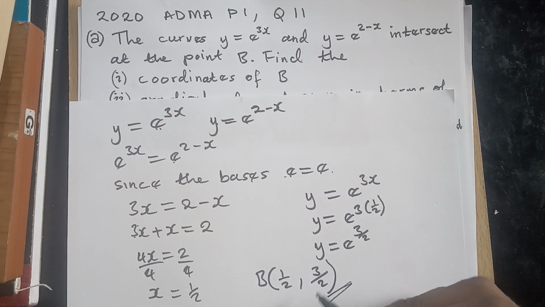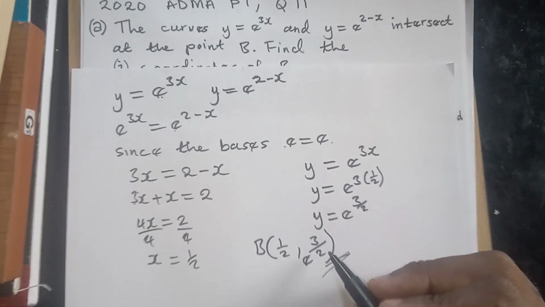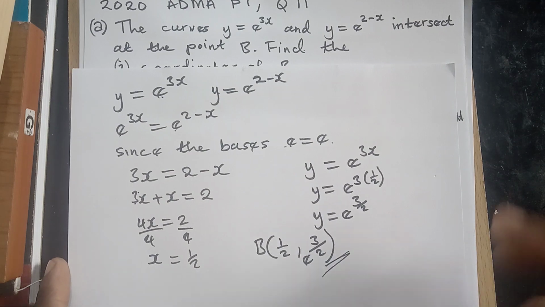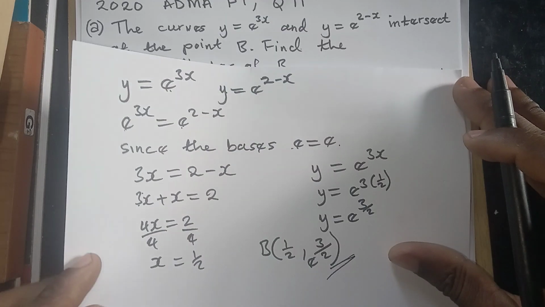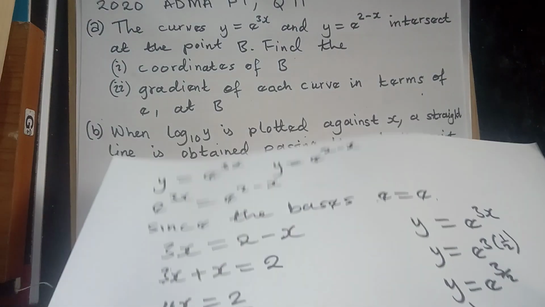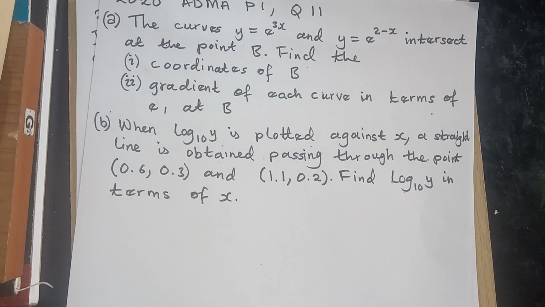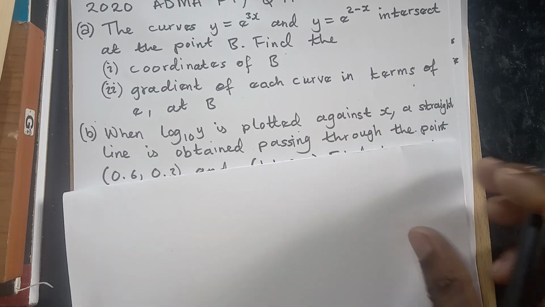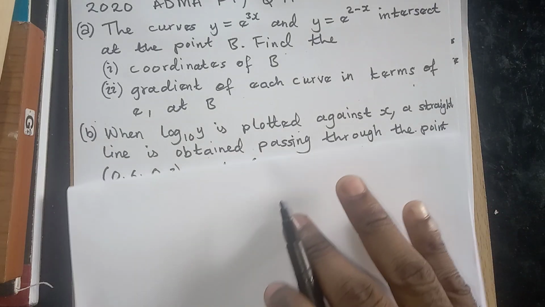You don't have to punch this on your calculator unless you want to. When you do that, make sure you round your answer off correct to 3 significant figures unless you've been told otherwise.